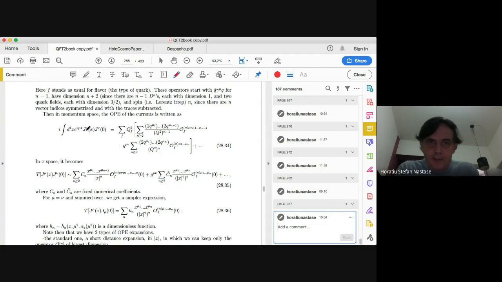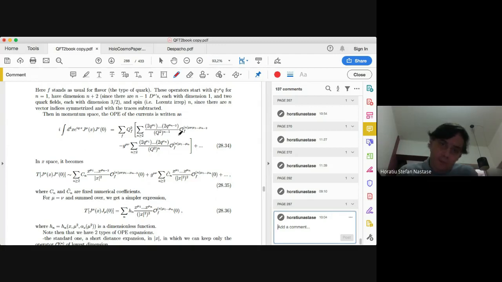So I put 2 of the Lorentz indices, mu and nu, on the operators. That's how it's supposed to be. But then the rest of the indices, n minus 2 indices, have to be cancelled, and I can only cancel them with the momentum q. So I have q mu1 up to q mu n minus 2. I'm not sure why the factor of 2; I guess there's some convention here.